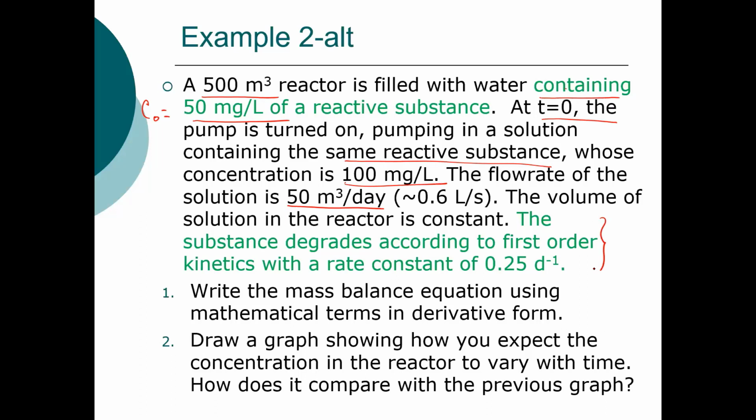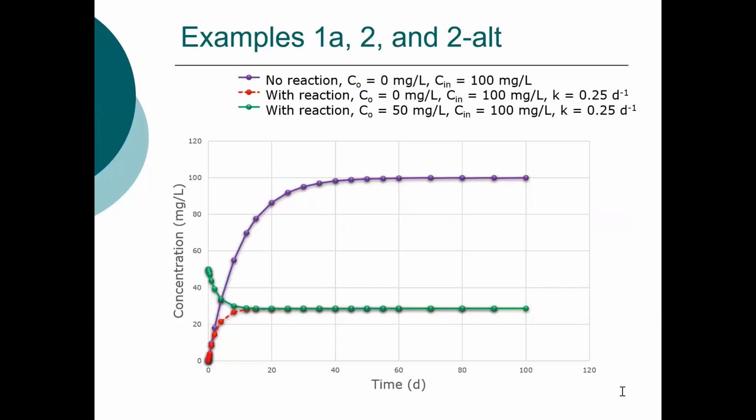What's the steady state concentration? Absolutely correct. So here we're going to start at 50. That's the initial, and it's going to decrease to the same concentration. So here we are. It starts here, decreases, and it's 28.6 milligrams per liter.